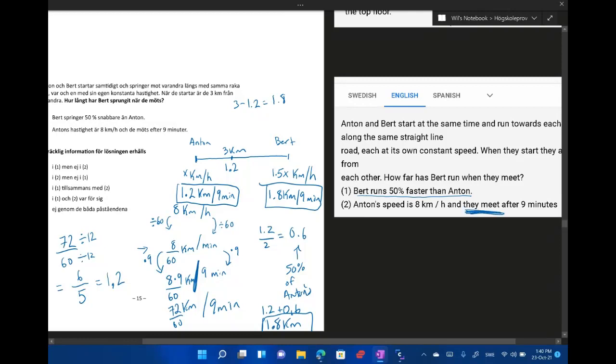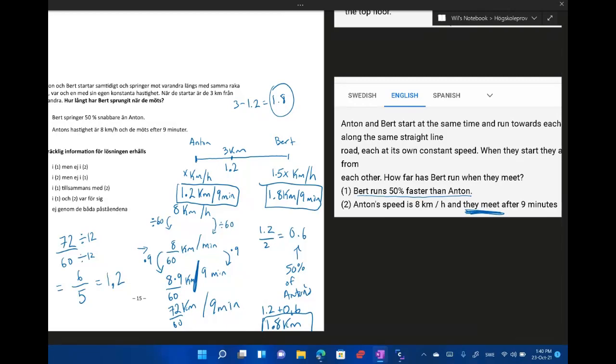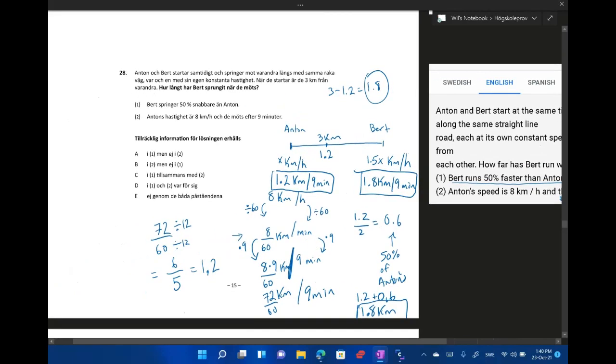Well, that means that in that same time, Bert has traveled the remainder of that trip, which is 3 minus 1.2, which is 1.8 kilometers. So therefore, that's his distance within the same time, 1.8 kilometers per 9 minutes. So I think that, okay, option 1 is helpful, but you could solve this question without it by just using option 2. So I think that our answer is going to be B. Option 2 gives us our correct answer.